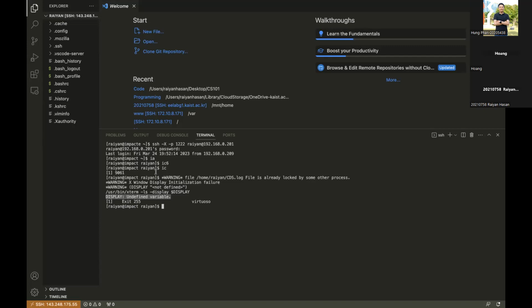VMware? I already got a set up VM with Cadence and Virtuoso and everything, but it's quite heavy.